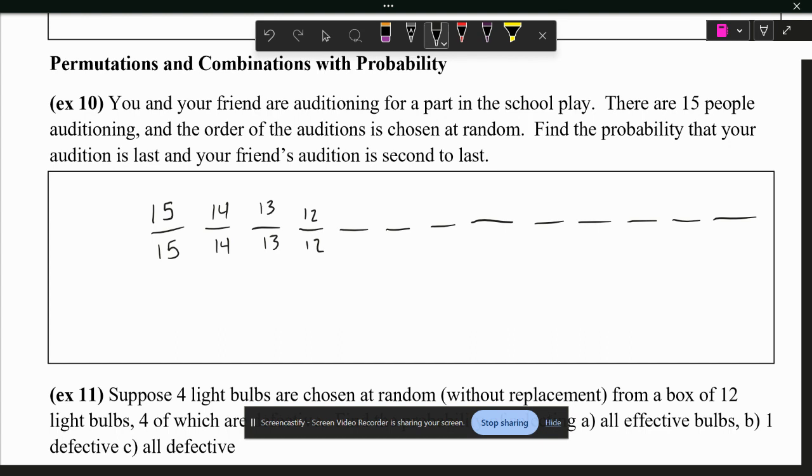I'm not going to lie, guys. For some reason, I'm drawing a blank on this one. I'm thinking I'm going to skip it and go to number 11. Yeah, so this is what I would possibly say, that I have 15 permutated 13 times because there's 13 other people.